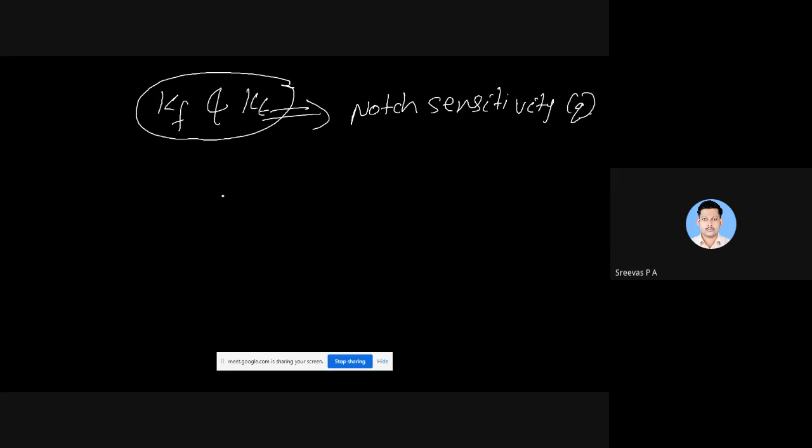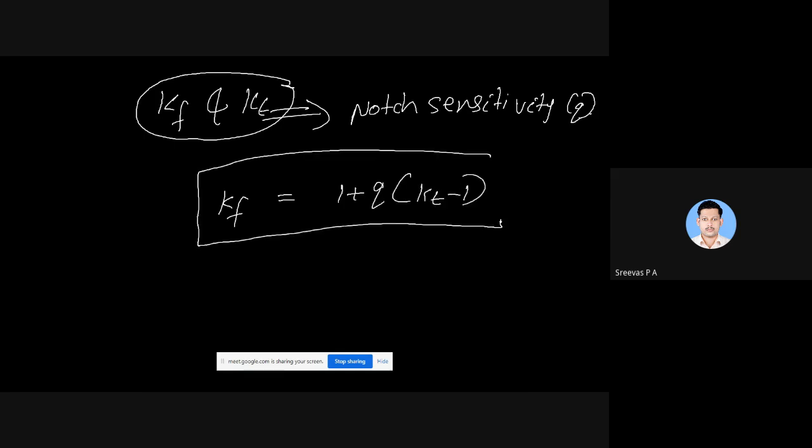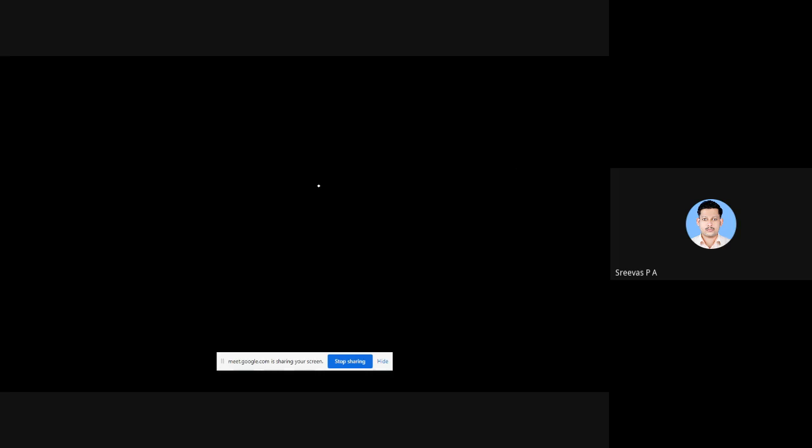You can simply connect these two: Kf is equal to 1 plus q into Kt minus 1. This is an important equation for competitive exam purposes. In competitive examinations, they give Kt and ask you to find Kf, or give notch sensitivity and ask you to find it. Such small questions are usually asked in PSC exams. I just mentioned it. So that is about notch sensitivity.